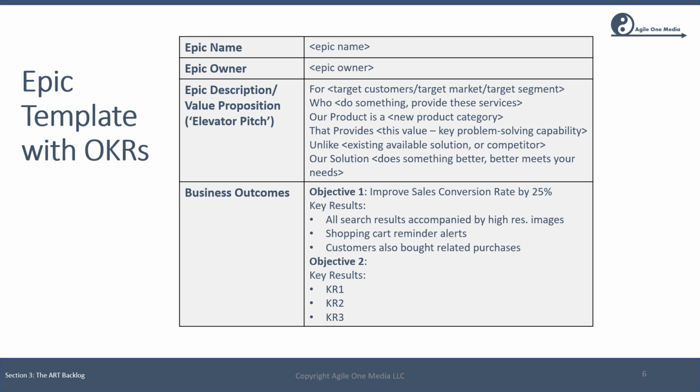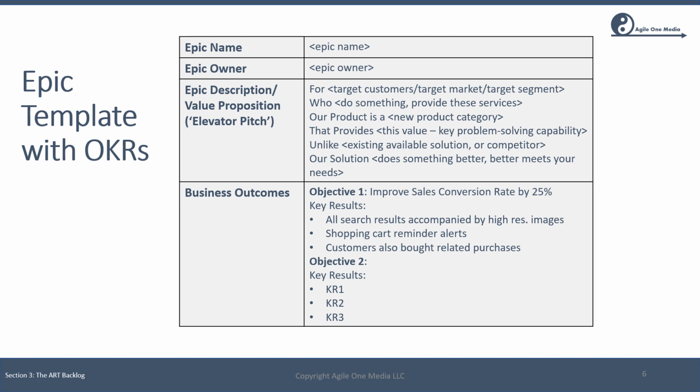And so here's an example of how we might use OKRs, objectives and key results, to capture business outcomes in the epic template. In this case, we have two OKRs, and the first one, objective 1, is something like improve sales conversion rate by 25%.